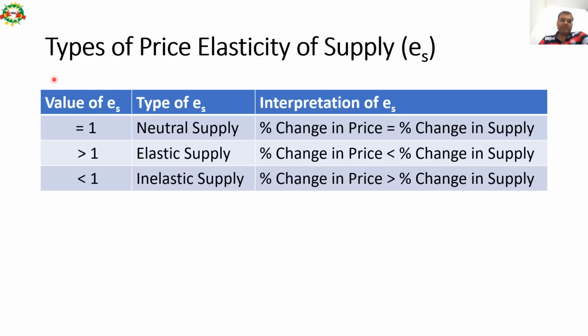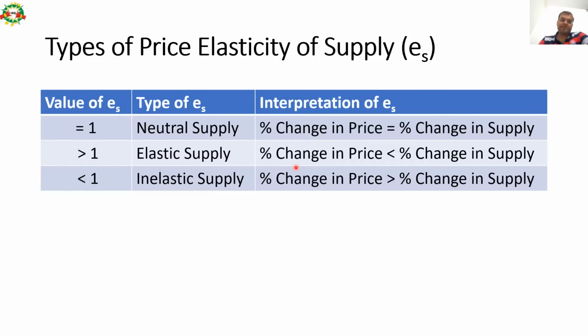So these are the various types of price elasticity of supply. If price elasticity is equal to 1, that means it is a neutral supply. And in this case, percentage change in price will always remain equal to percentage change in supply. If price elasticity is more than 1, then it is called elastic supply.